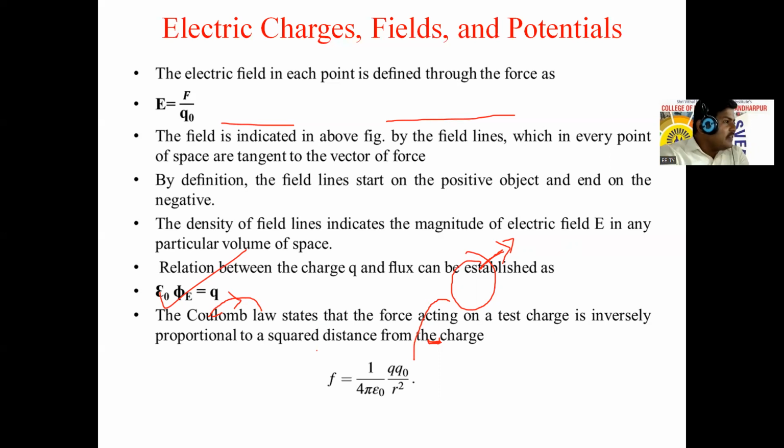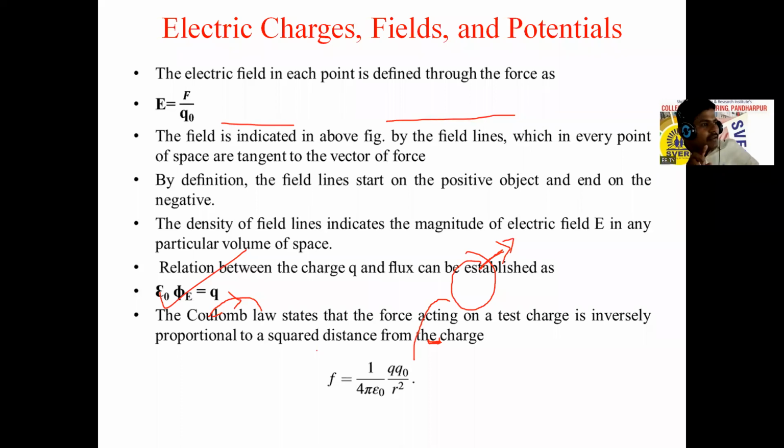According to Coulomb's law, the force acting on the test charge is inversely proportional to the square of the distance from the charge. So according to Coulomb's law, the force acting on that test charge is inversely proportional to the square of the distance between that charged object and test charge, right?